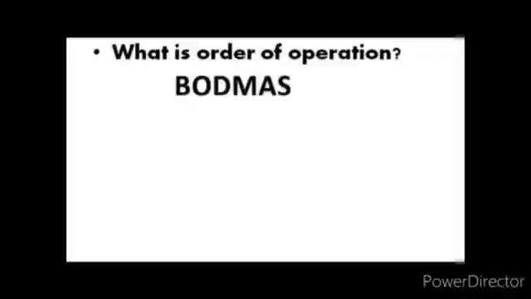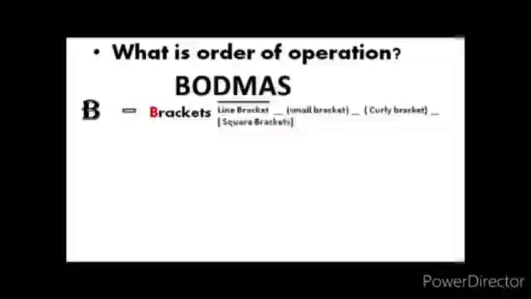The first step, that is B, stands for brackets. That is, we have to solve brackets first, starting from the innermost bracket. The brackets include line bracket, small brackets, curly brackets and square brackets.